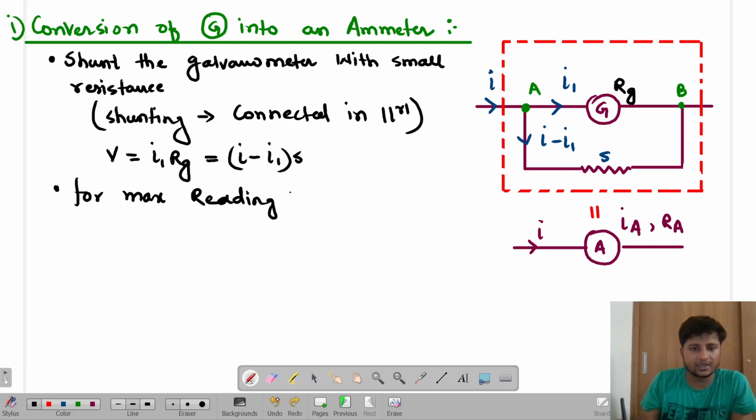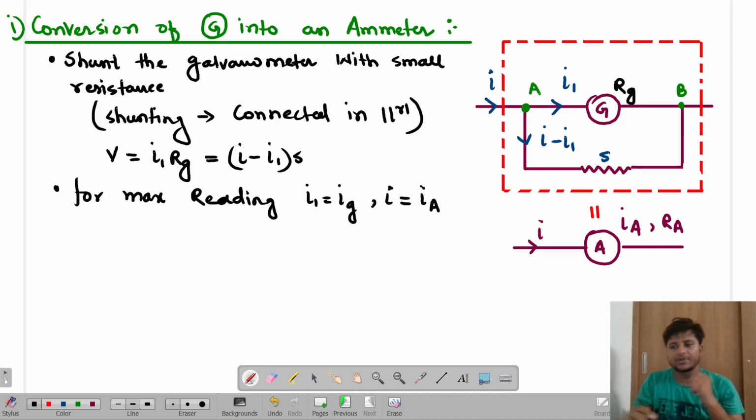If the galvanometer is showing maximum deflection, that simply means that our I1 is exactly equal to the galvanometer's maximum deflection current, Ig. And this I is exactly equal to my ammeter current, such that the current through the shunt is almost negligible.